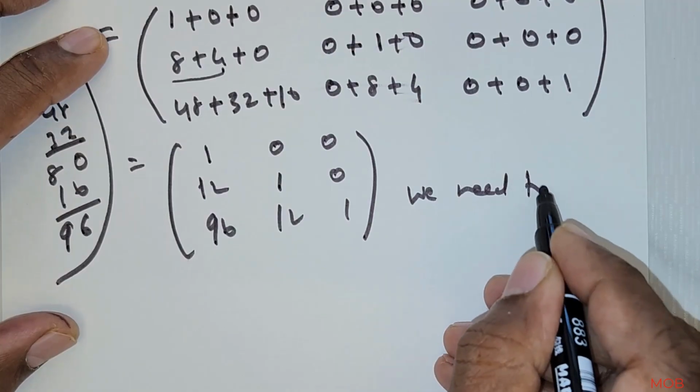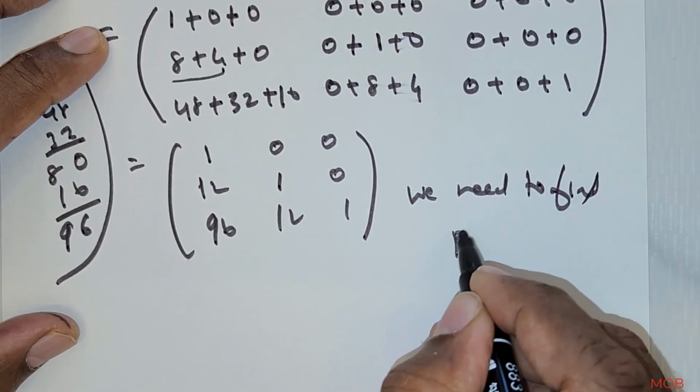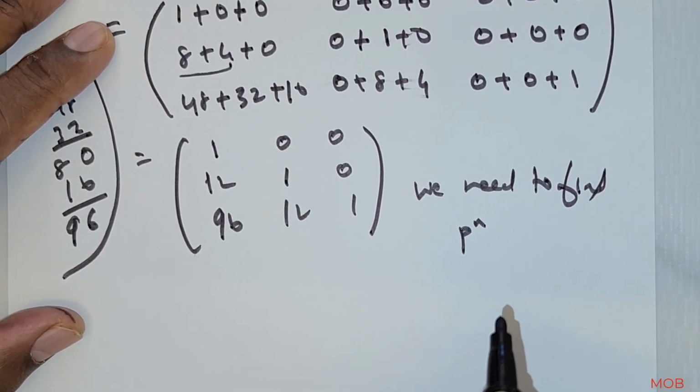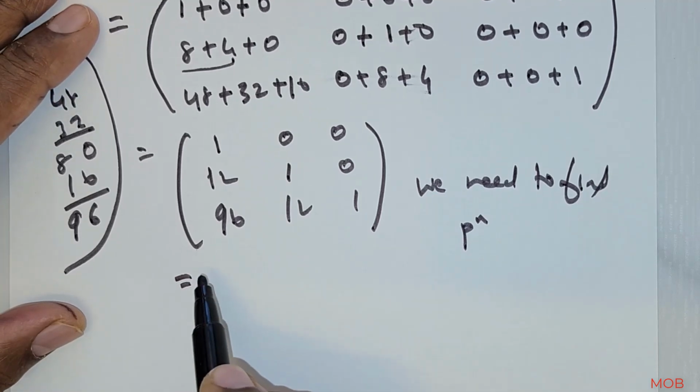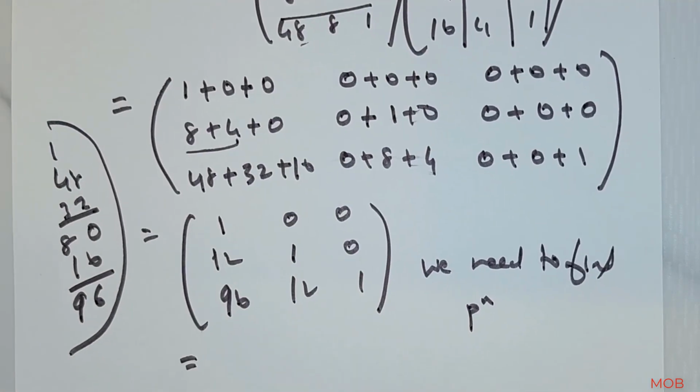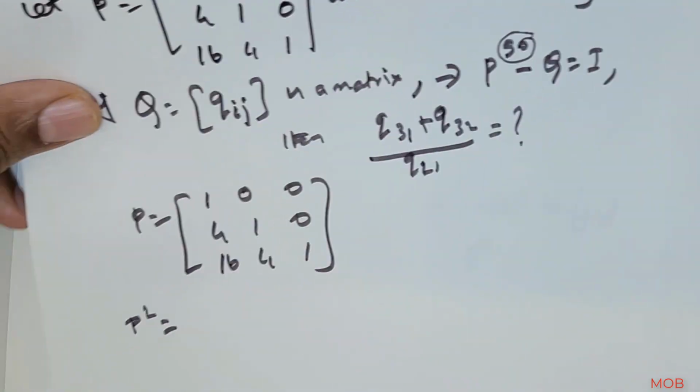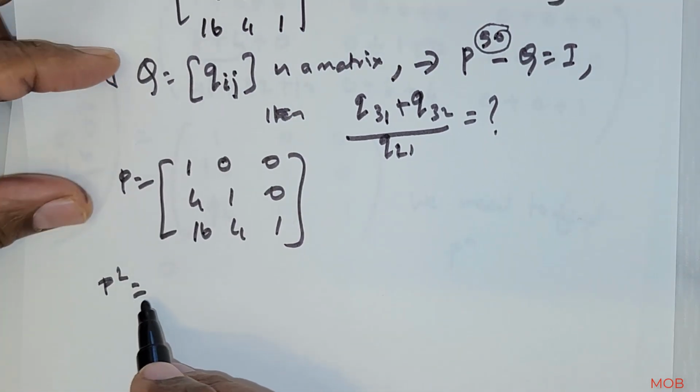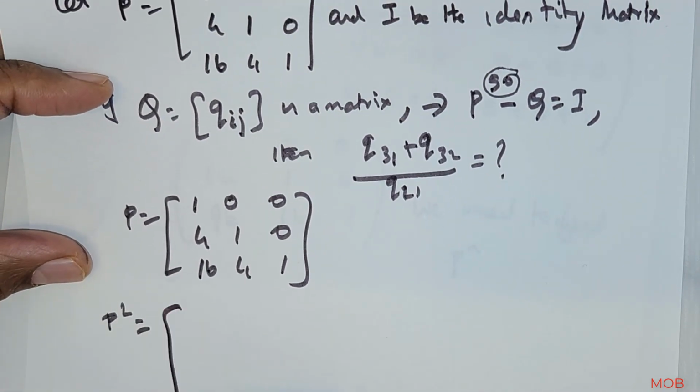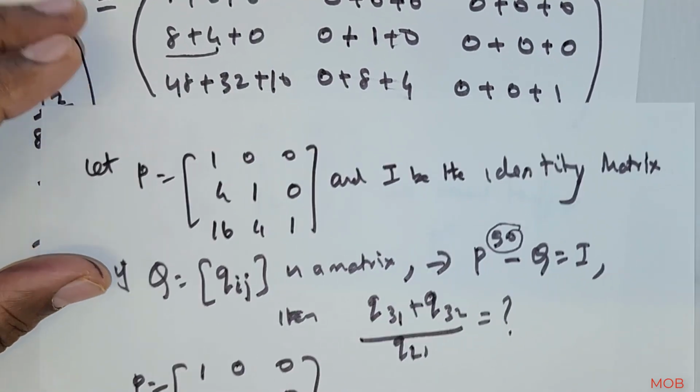Okay, we need to find P raised to the power of n. Now I started off with this paper. If you remember, we started off with this paper. So let me write what is P squared here.